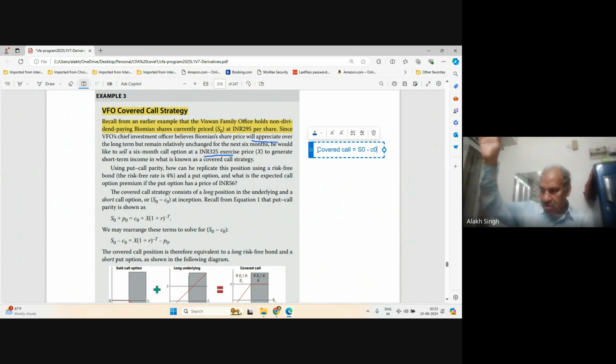If the call goes up, your S0 also goes up, so that way you are fully solvent. In a fiduciary call, you are not fully solvent. You are solvent only up to the exercise price. But in a covered call, you are fully solvent. So S0 minus C0 is a covered call, and a fiduciary call is equal to C0 plus the present value of X. That is what a fiduciary call is.